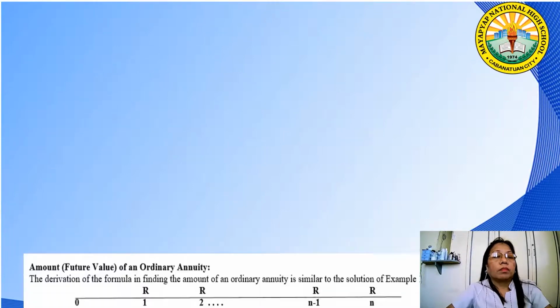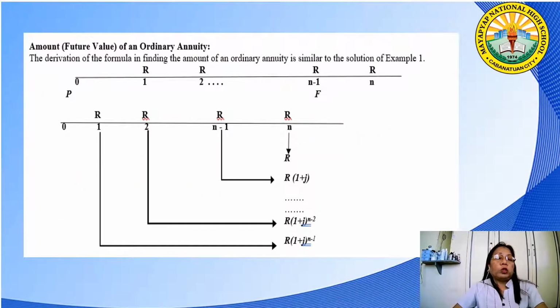To find the future value of an ordinary annuity, the derivation of the formula for the amount of an ordinary annuity is similar to the solution of example 1. So refer to the diagram. This is a cash flow time diagram.